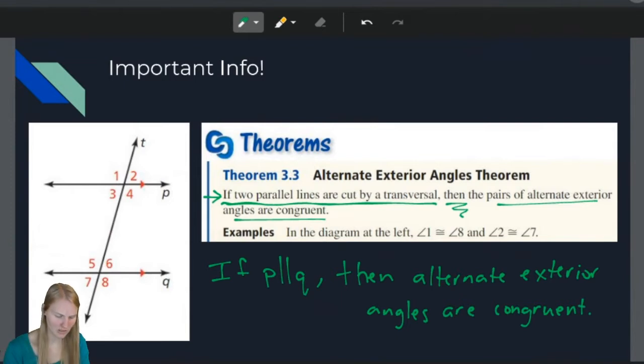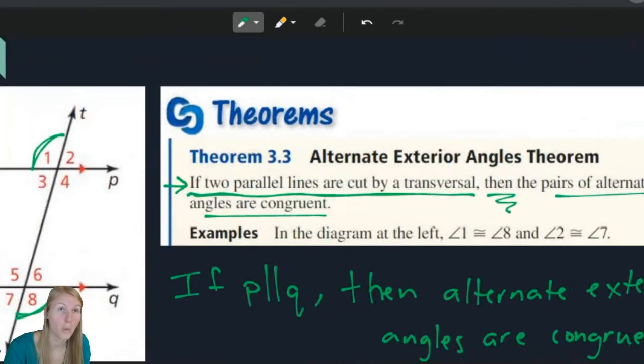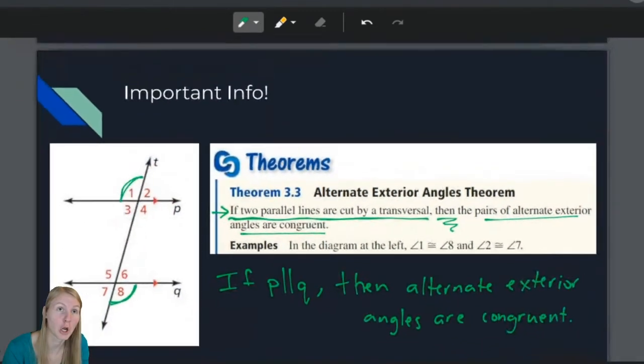And if we look at this, so alternate exterior angles, that means I'm outside of the two lines and I'm on opposite sides of the transversal. So, like angle 1 and angle 8. And just look at them. Angle, whoa, zoomed in a little bit closer than I wanted to. Angle 1 is obtuse, right? It's an obtuse angle.